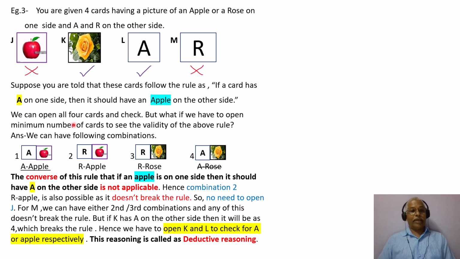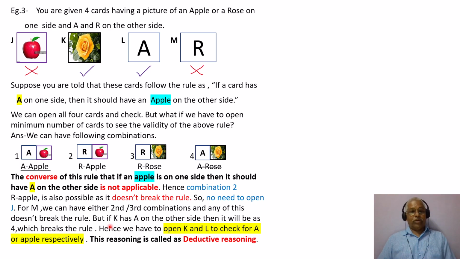But if K means this, has A on the other side. Okay, we have to open this because we have to check whether if this has A on the other side, then it breaks the rule. Okay, so for that we have to open this.